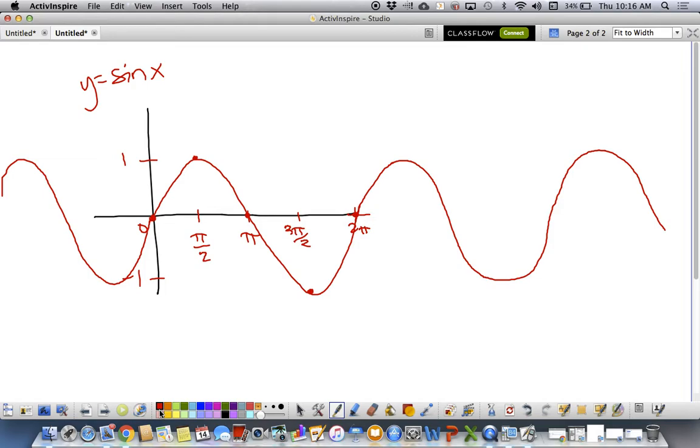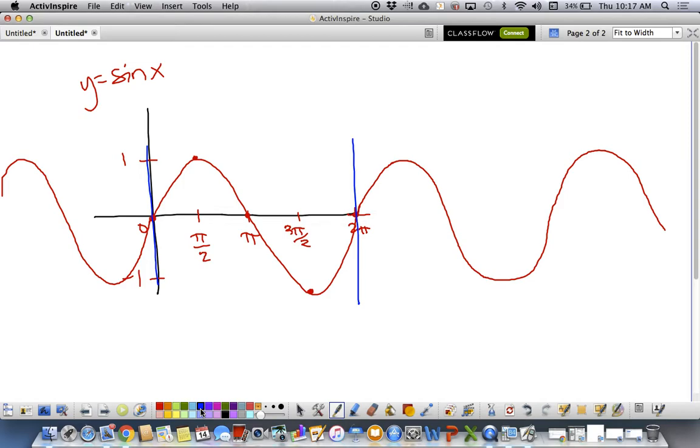Could we pull a section where it would pass the horizontal line test? It'd be a very small piece of it, but we can get kind of the whole flow of it, where it doesn't repeat. So if we took 0 to 2 pi, it would fail.